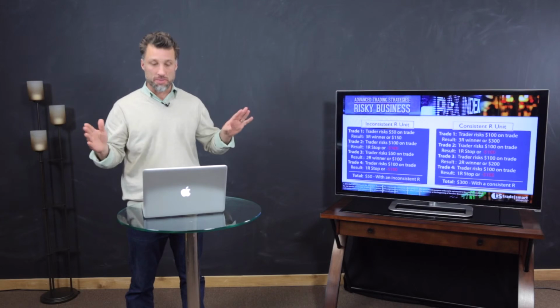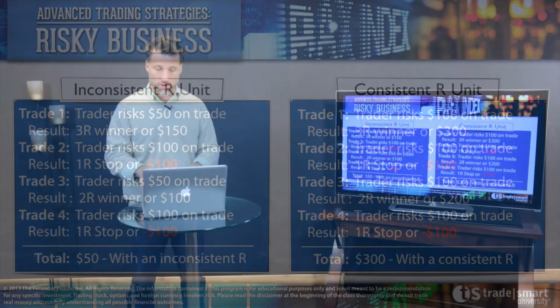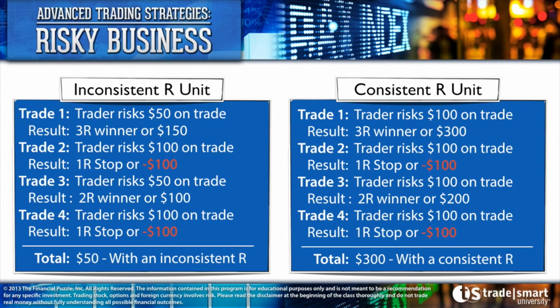This will be the last review slide, then we're going to get right into the options material. This slide is the money slide, because if you forgot everything else I told you in Risky Business and just remembered this slide, your trading results would change forever. Remember, you do not want to be the inconsistent R trader, risking different amounts for each trade.